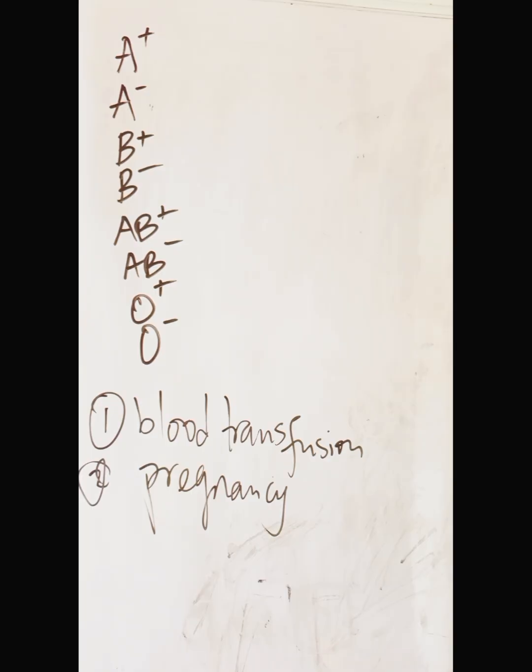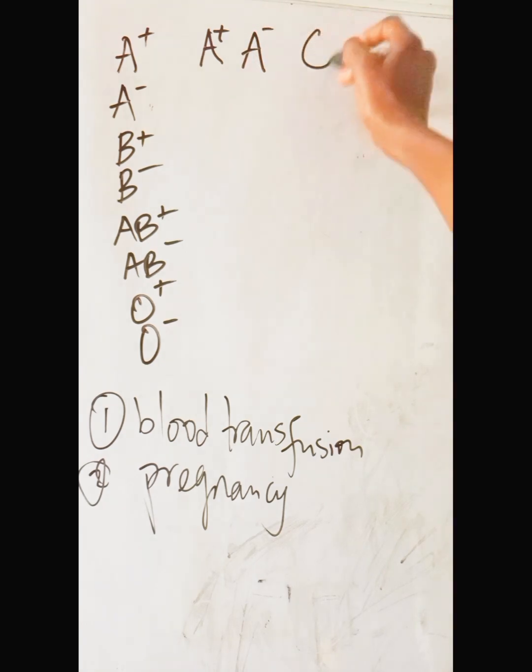In case you see that your blood group, after running a test, reads A plus, A positive, that is A D positive or A Rhesus factor positive, this means that during blood transfusion, you are to receive blood from only an A positive, A negative, O positive or O negative person.